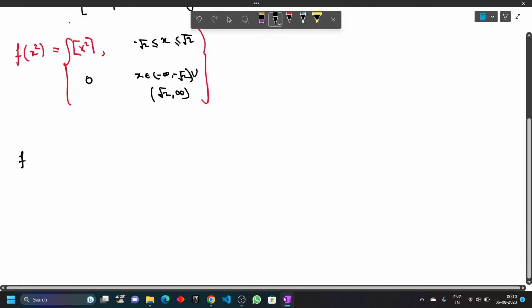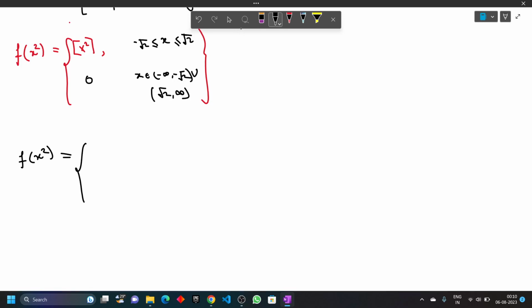Now I'm going to break f of x squared into several parts.